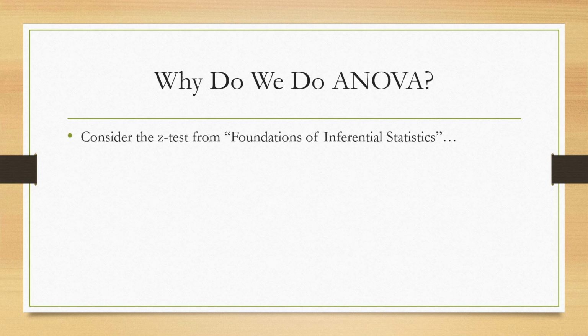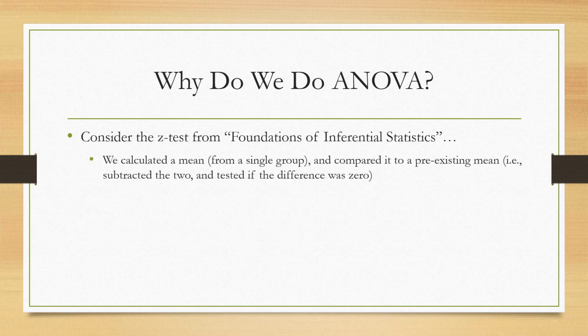So why do we do this approach? And it's a bit interesting. So consider what we did previously in the foundations of inferential statistics. We're not looking at chi-squared because chi-squared had a categorical outcome. So we're going back to the inferential statistics we talked about in this course, where we've looked at a continuous outcome.